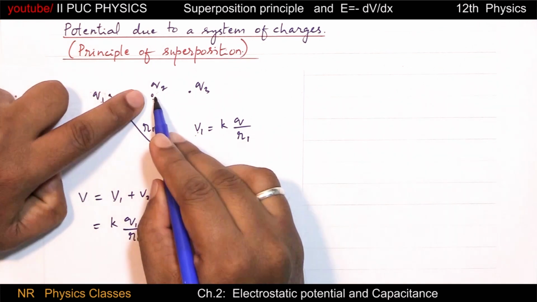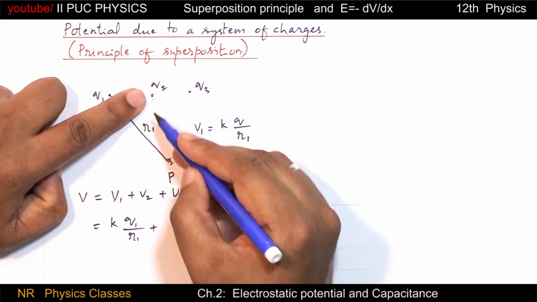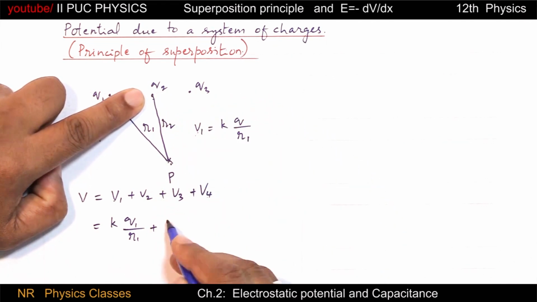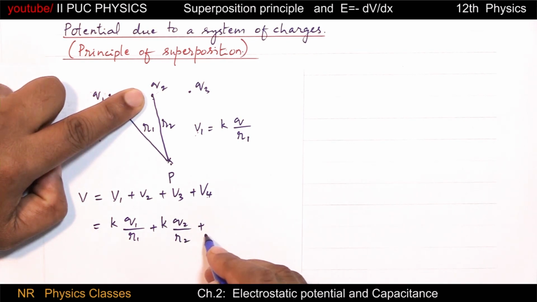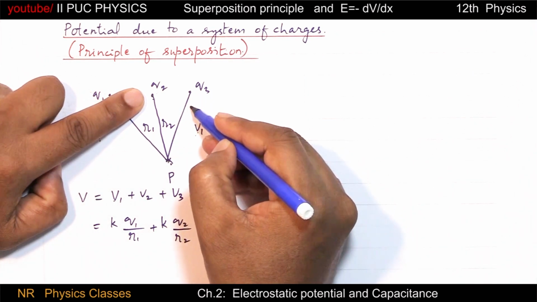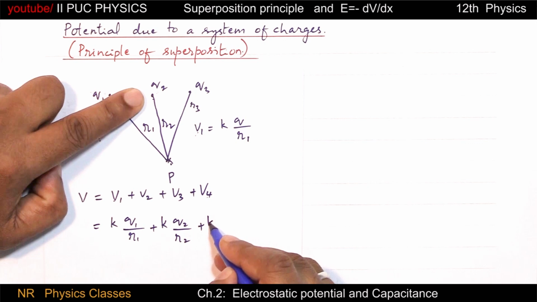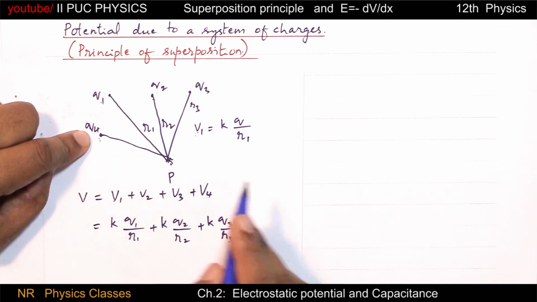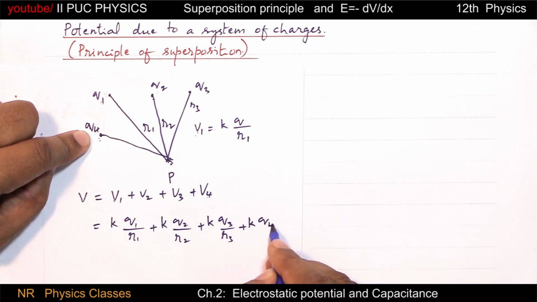Similarly, potential due to the second charge, if this distance is R2, is constant Q2 by R2, plus constant Q3 by R3, plus the potential due to the fourth charge, constant Q4 by R4.